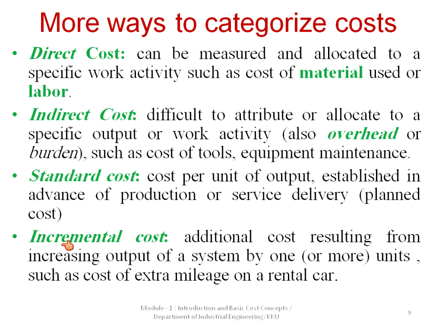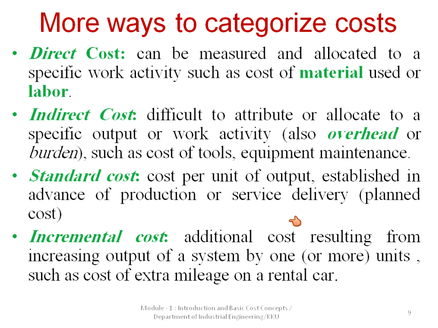That is called increment. So the cost associated for increment of one product, that is increasing the output by 1 unit, that is called incremental. So if you increase, you see, you have planned, for example, you have planned to produce 100 products.